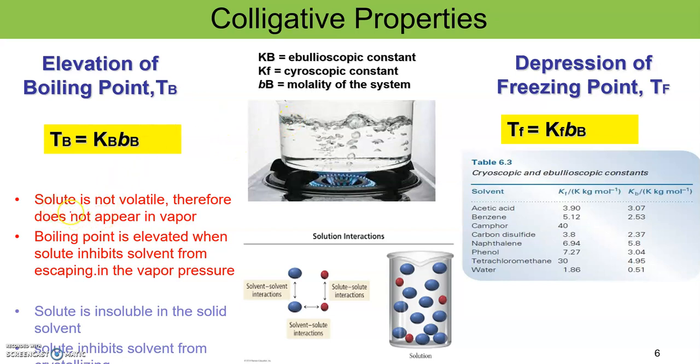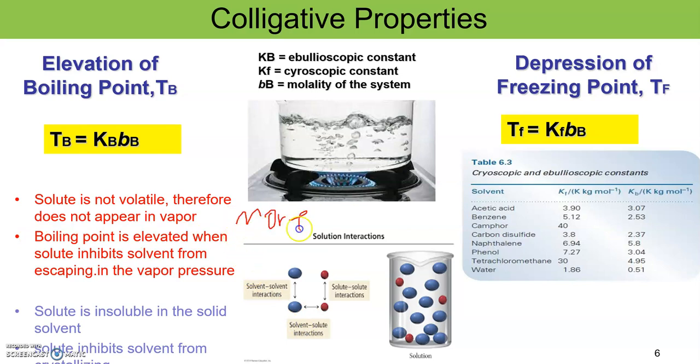The logic is the solid is not volatile, therefore it does not appear in the vapor. Boiling point is elevated when the solid inhibits the solvent from escaping into the vapor, while the solid is insoluble in the solid solvent. The solid inhibits the solvent from crystallizing. So because of this, we need more energy here.